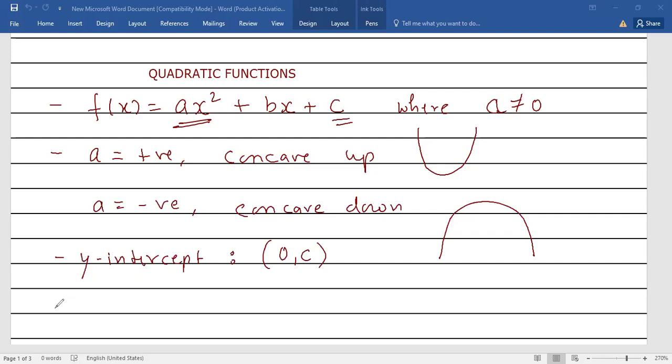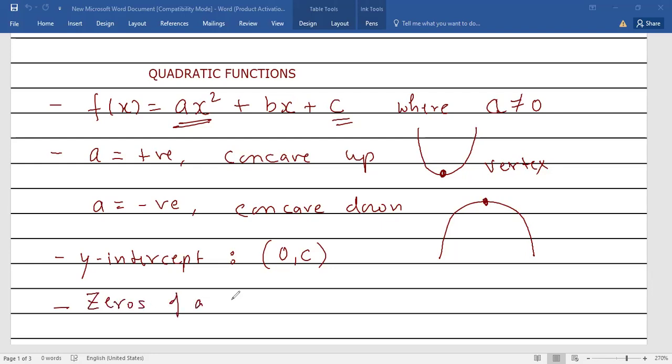Then for every quadratic function, we will have a maxima or minima, which is also called the vertex. So the vertex is the minimum point of the graph, or it may be the maximum point of the graph. And we will see how to find this vertex. For every quadratic function, we will have a term called zeros.